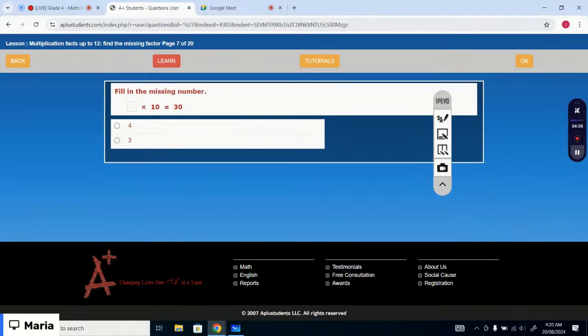Okay, the next one is fill in the missing number. 10 times what number is 30, which is the correct option?